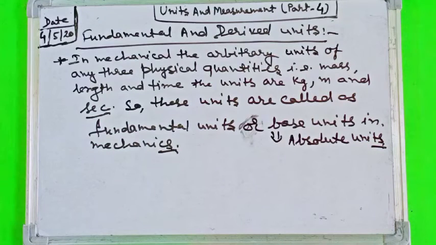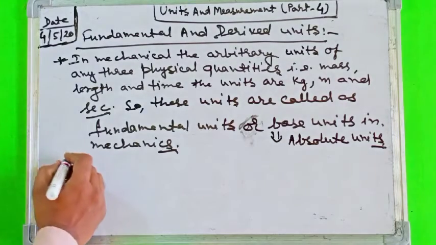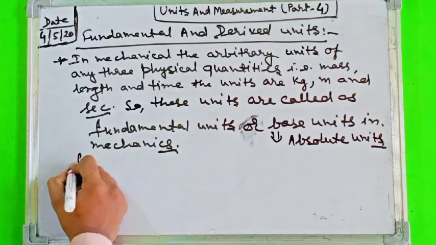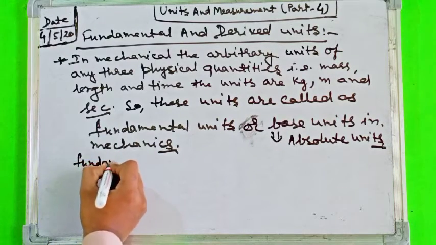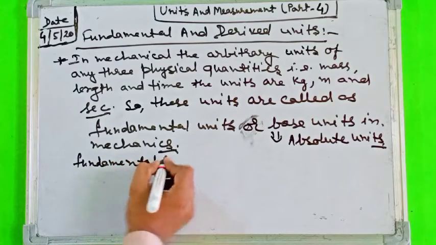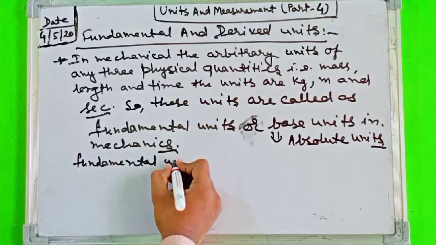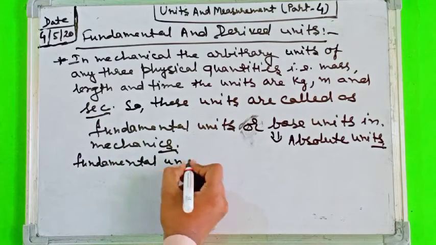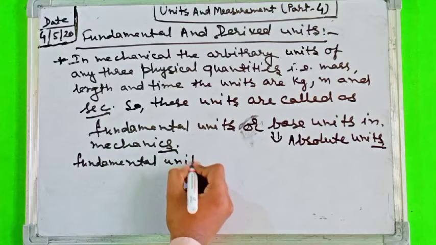Absolute units in mechanics. The fundamental units for length, mass and time.